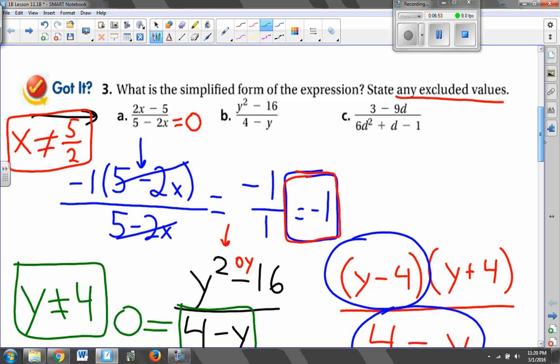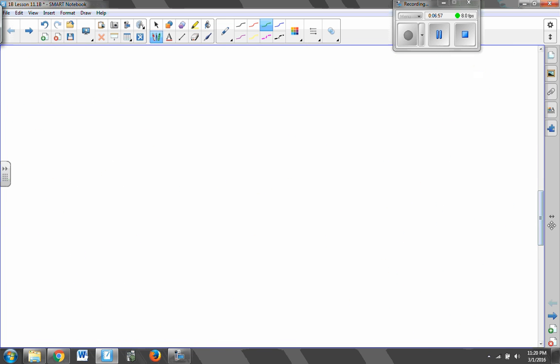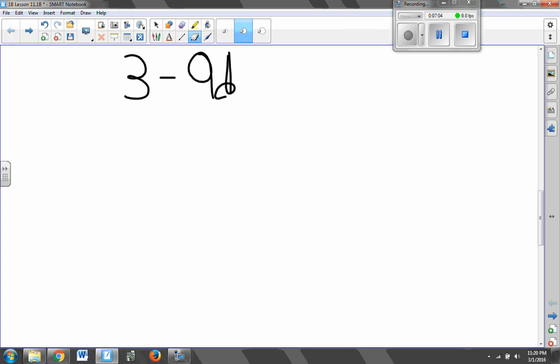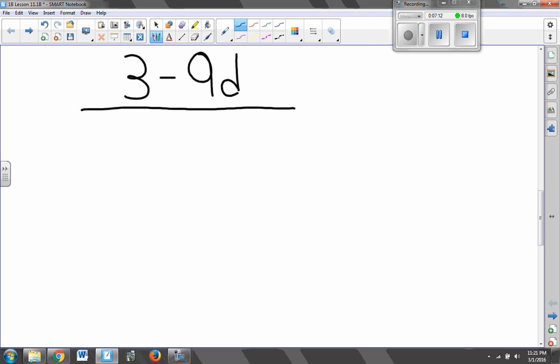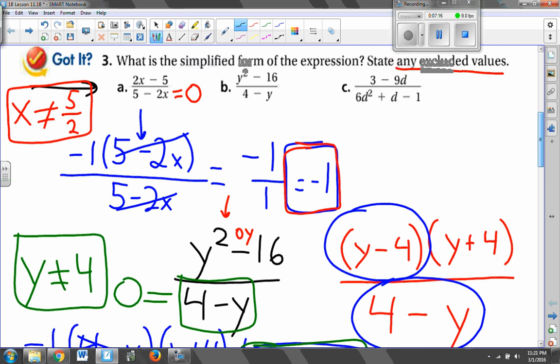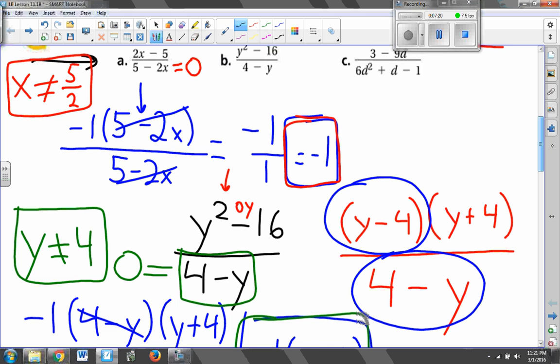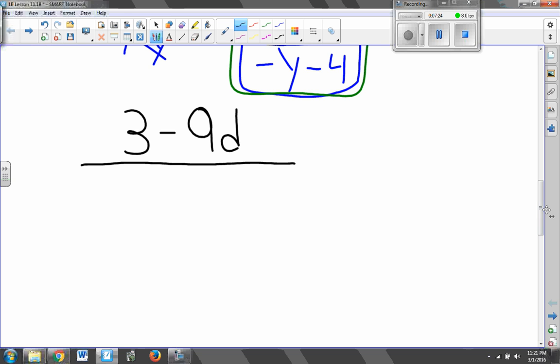Now I will copy down letter C for you. I would like you to do that one. Letter C says 3 minus 9d over d squared minus 5d plus 4.